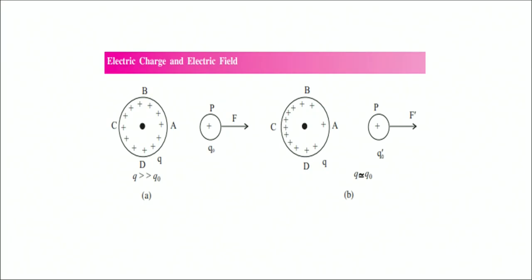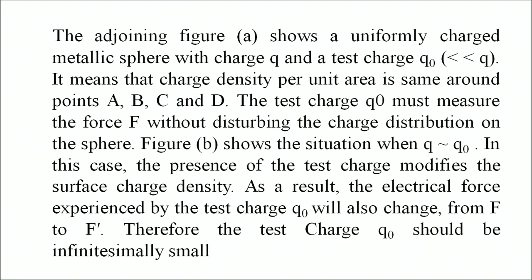So, the adjoining figure A shows a uniformly charged metallic sphere with charge Q and a test charge Q naught, which is very, very less than Q. It means that the charge density per unit area is the same around points A, B, C and D. The test charge Q naught must measure the force without disturbing the charge distribution on the sphere.